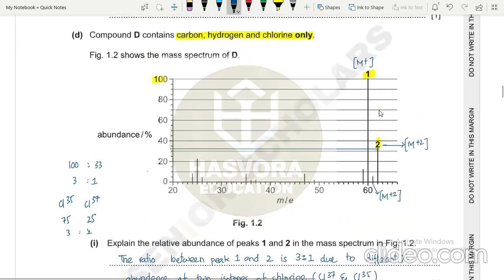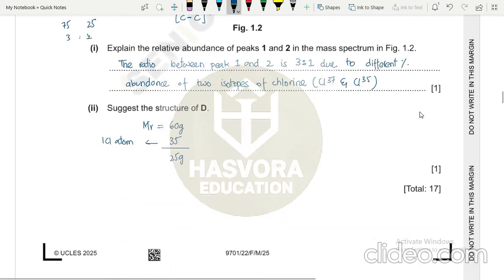Now if you have a look here, we have a small fragment at 24. It is formed because of two carbon atoms, because one carbon atom has a mass of 12. So let's just subtract this. We are left over with 1 gram.